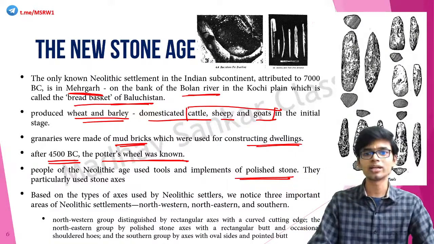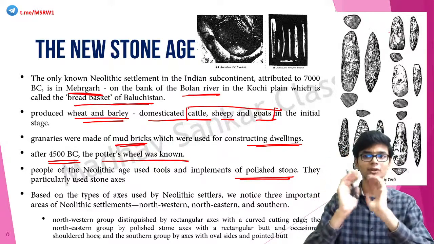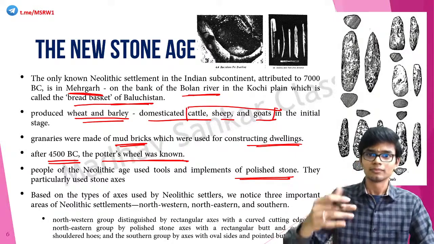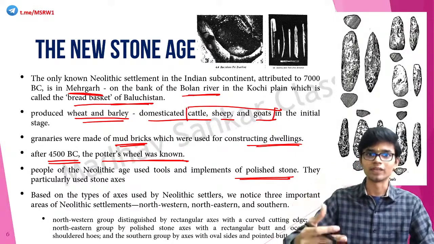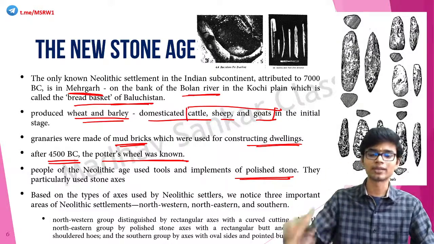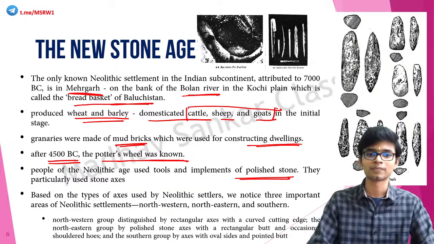You can see the rounded edges, very sharp edges and polished bodies. So as time went on, man began to evolve in all these areas. They learned the art of making more polished and more sophisticated tools and weapons.